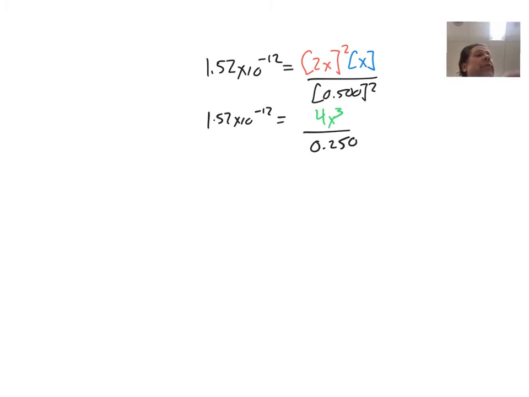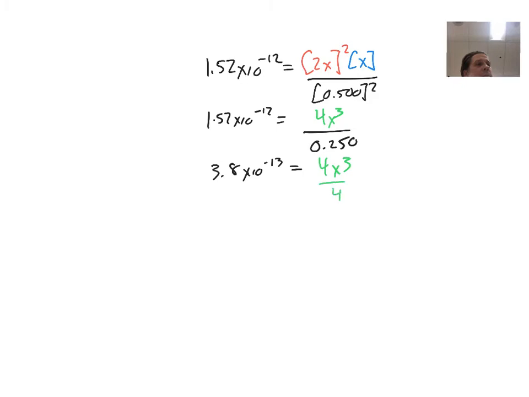So I'm going to solve for x, and I'm going to take 1.52 times 10 to the negative 12 times 0.25. That will then give us the value of 3.8 times 10 to the minus 13 will equal the 4x cubed.